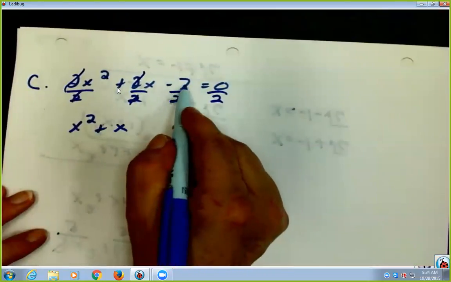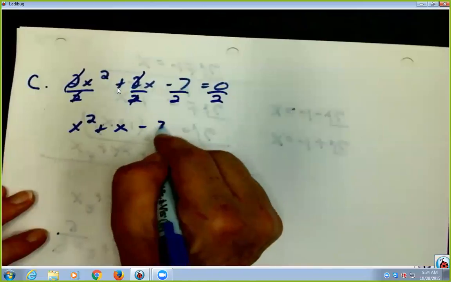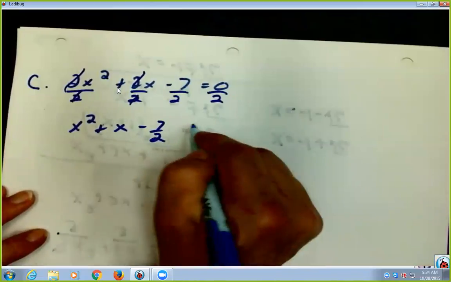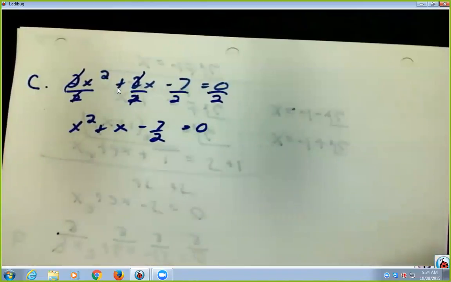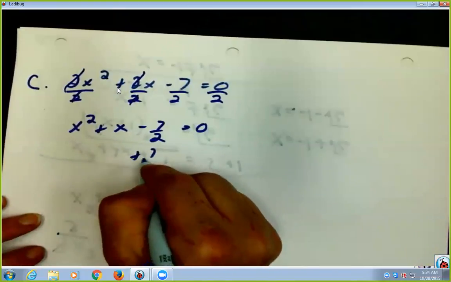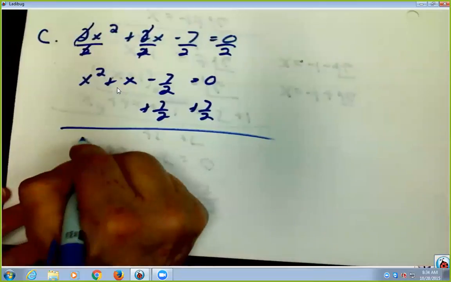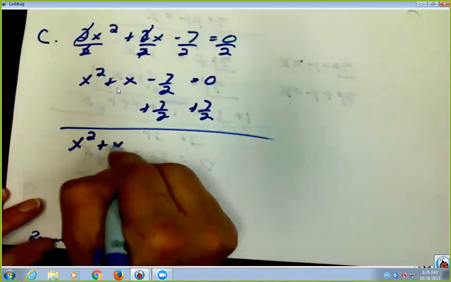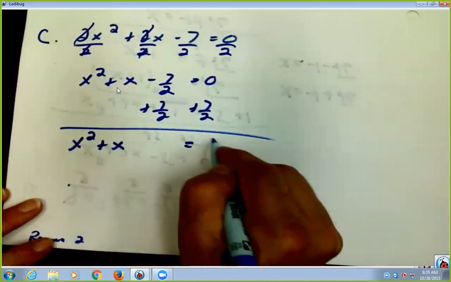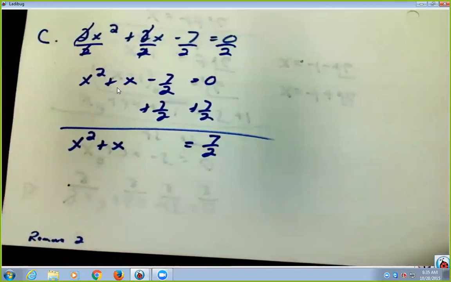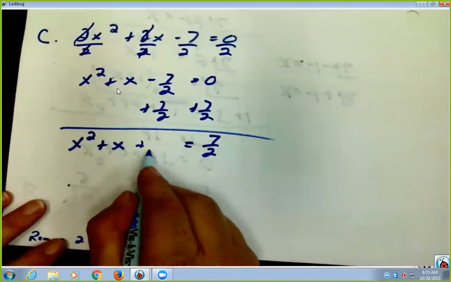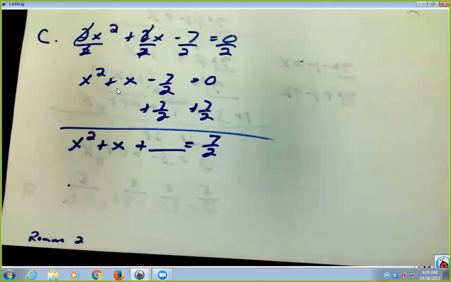This negative 7 divided by 2, I can't divide it by 2, so I just need to leave it. Then I'm going to add 7 halves to both sides, because to complete the square, you need to have the first 2 terms by themselves. So what's in front of the x?